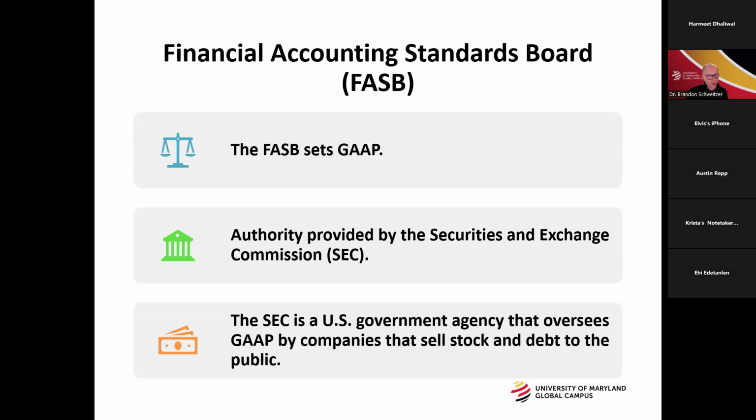The auditors validate the accuracy of the information that you're reading in those 10-K reports. That's the whole idea behind a public auditing firm. It's usually one of the big four or big three these days: KPMG, PricewaterhouseCoopers, Grant Thornton, just to name a few. These firms audit publicly traded companies, validating that it's true and accurate. All of this is based off of what the SEC governs through the Financial Accounting Standards Board and the generally accepted accounting principles. That's the framework we use here in the US for our financial reporting.